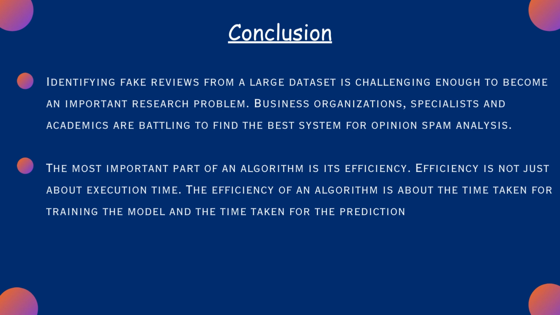Hence, the random forest model performed well compared to the Naive Bayes algorithm by a large margin. The most important part of an algorithm is its efficiency. Efficiency is not just about the execution time. Efficiency of an algorithm is about the time taken for training the model and the time taken for the predictions.